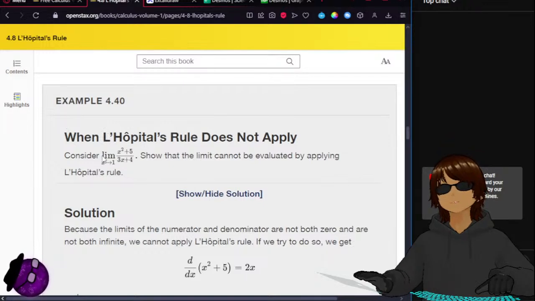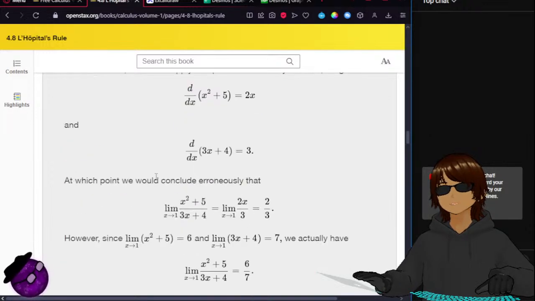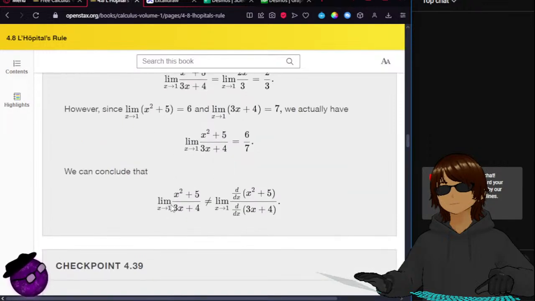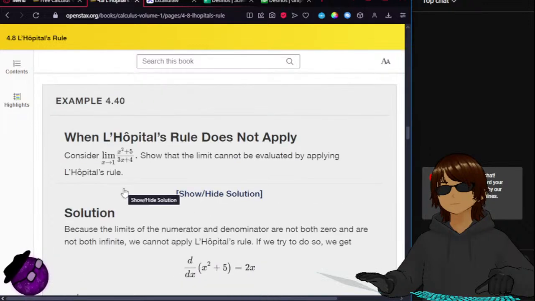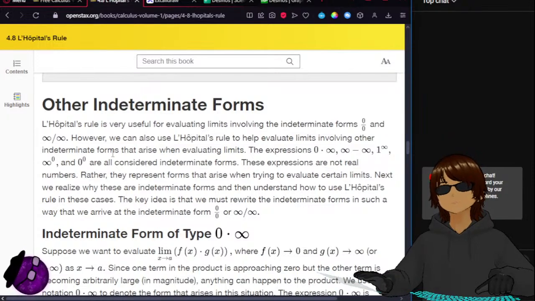Like we can just apply the limit normally, right? Like just plug in 1. So 1 plus 5 is 4, and on the bottom 3 plus 4 is 7. Oh, it has to be the 0 over 0 case or the infinity over infinity case. Other indeterminate forms.